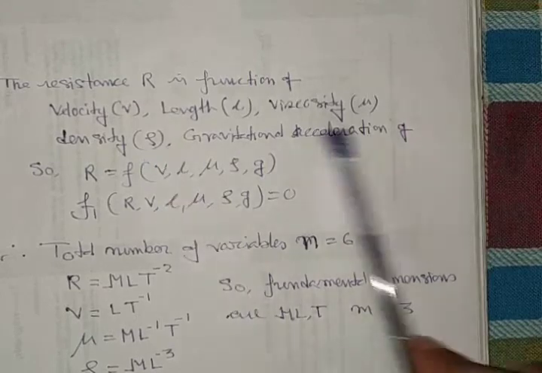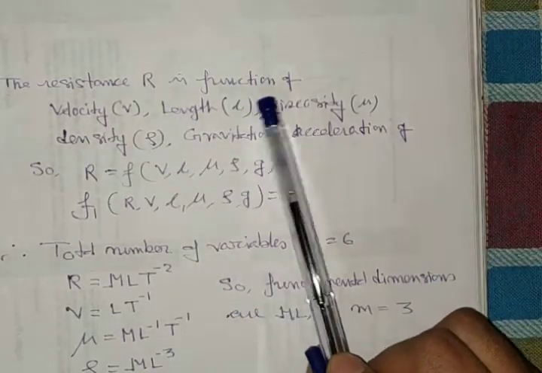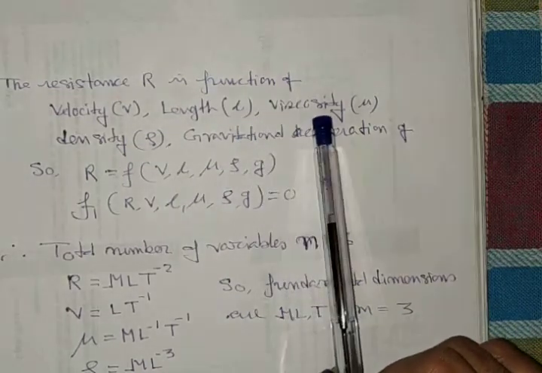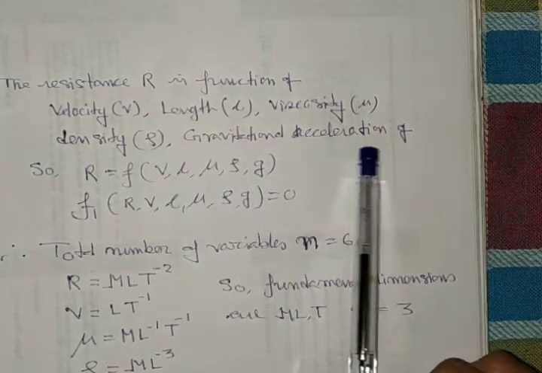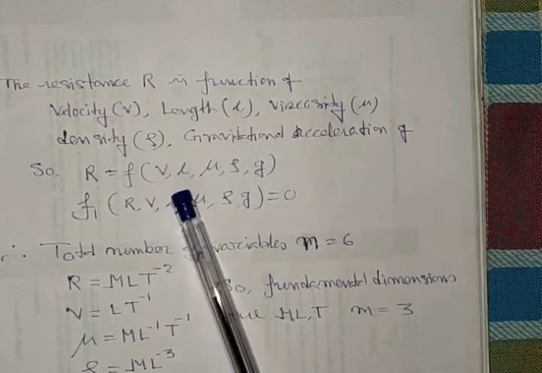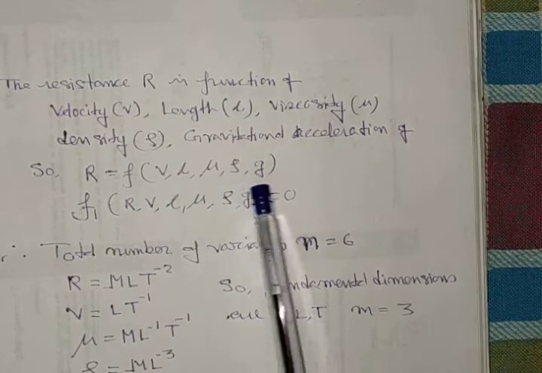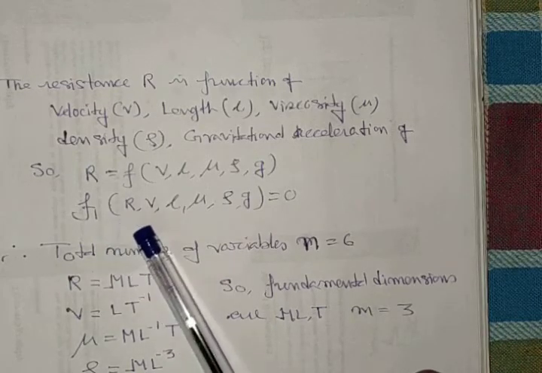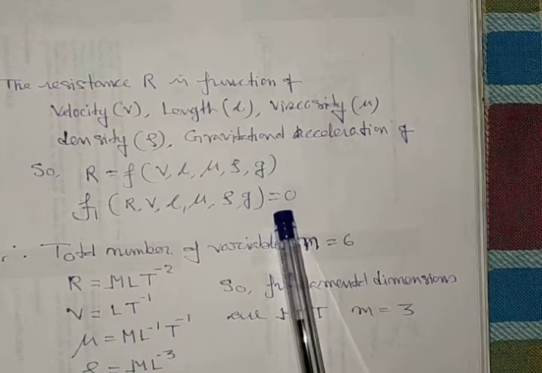In this problem, resistance R is a function of velocity V, length l, viscosity mu, density rho, gravitational acceleration g. So we can write R is a function of V, l, mu, rho, g, or you can write f1 of R, V, l, mu, rho, g is equal to 0.